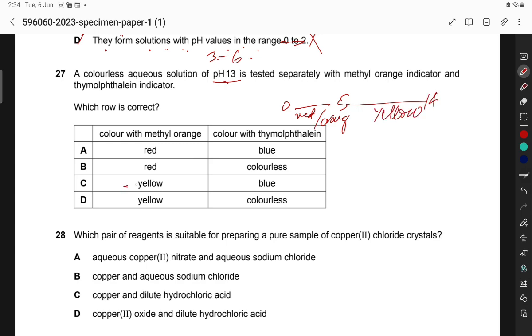So methyl orange is yellow, and thymolphthalein indicator color in sodium hydroxide is blue. So it is blue in color, thymolphthalein. So C option is correct.